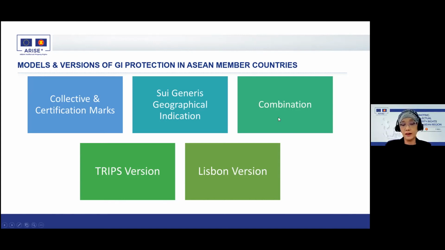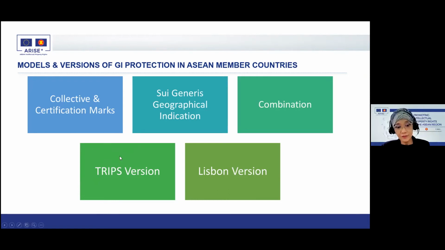And some of the countries also give the possibility for the producers to apply for protection of their products under either collective marks or geographical indications. So some countries have combinations or hybrid models.